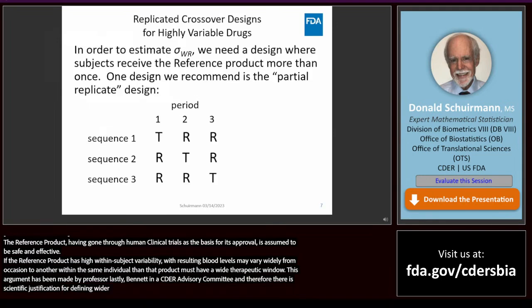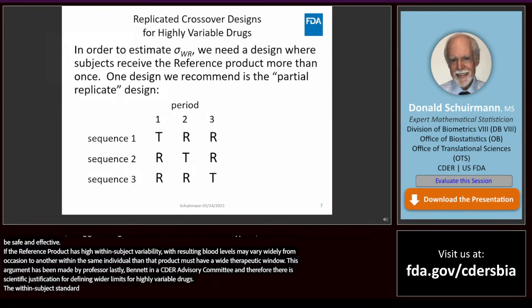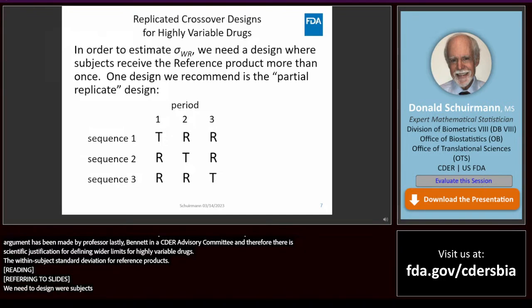Now, in order to estimate sigma WR, the within-subject standard deviation for the reference product, we need a design where subjects receive the reference product more than once. One such design we recommend is what we call the partial replicate design.